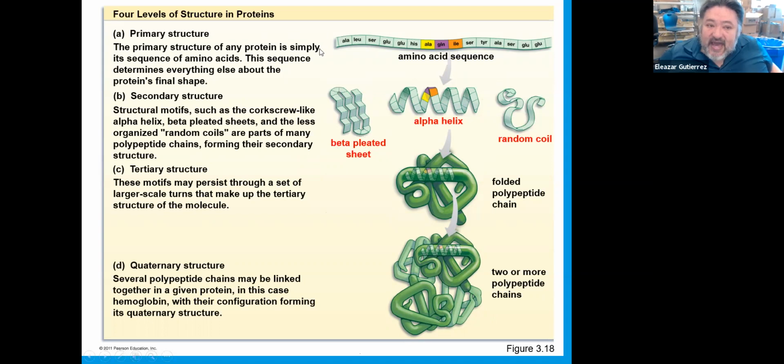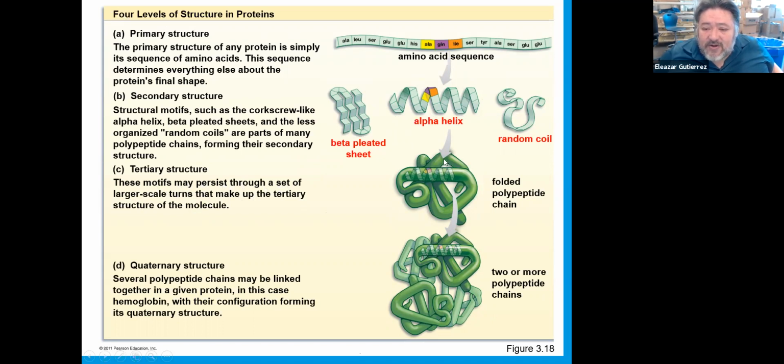So to recap, the amino acid sequence, which is called the primary structure, dictates whether this thing bends into an alpha helix or a beta pleated sheet or a random coil, which is called the secondary structure. These will then fold onto each other, okay? These motifs may persist through a set of larger scale turns that make up the tertiary structure, third degree structure, okay?